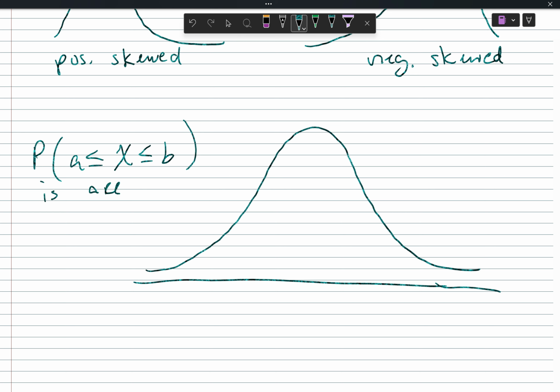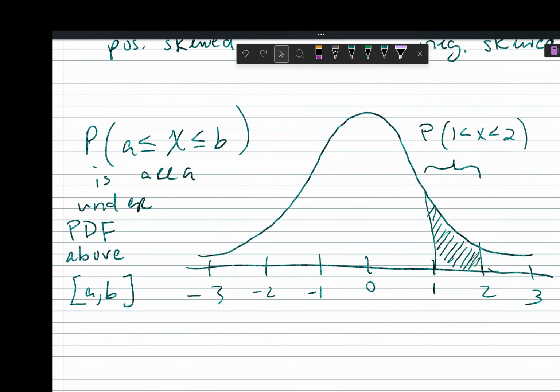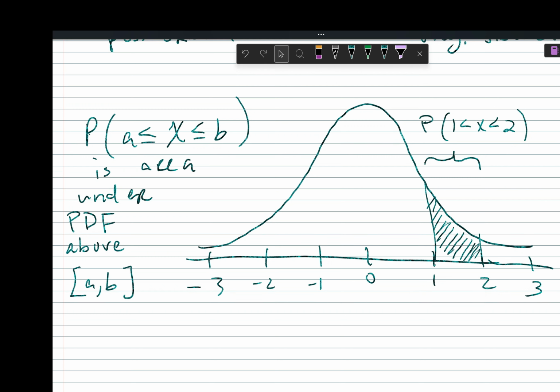So this is the area under the probability density function above the interval A to B. In this illustration, we're showing that the area under a curve and above an interval looks something like this.